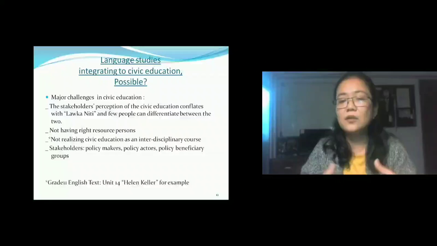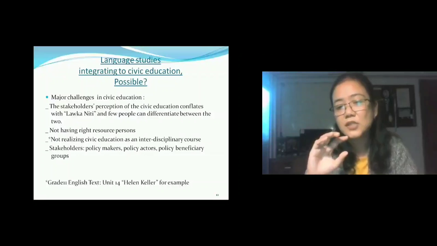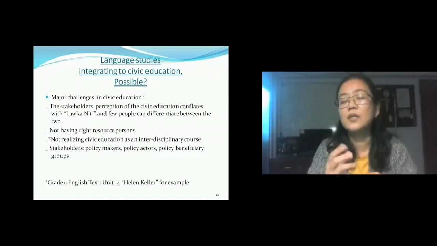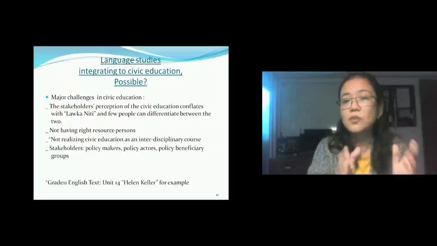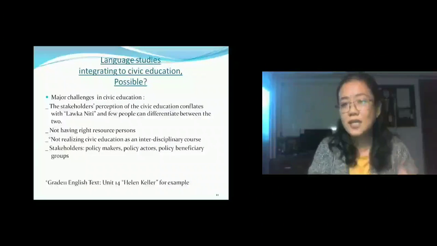What I noticed is that, not in all cases but mostly, the teaching focuses on vocabulary, grammar and structure. But if that text is taken from a civic education lens, this is an area where we can talk about human rights, because it is about the right to education, about child rights, and about the rights of the disabled to have the right to education. We just need to change our lens and take the civic education perspective to look at the existing English language text in the textbook.